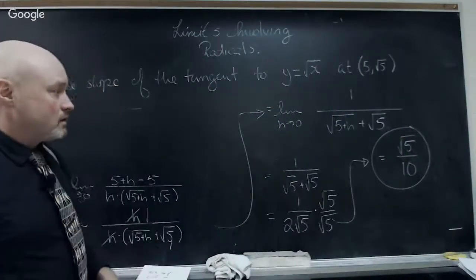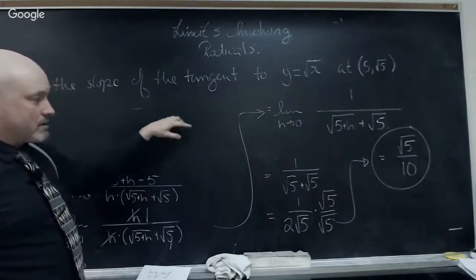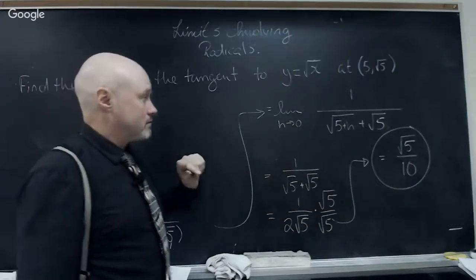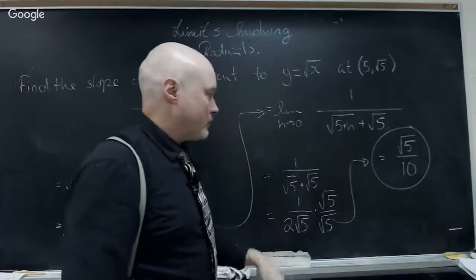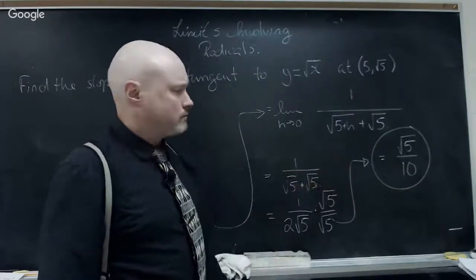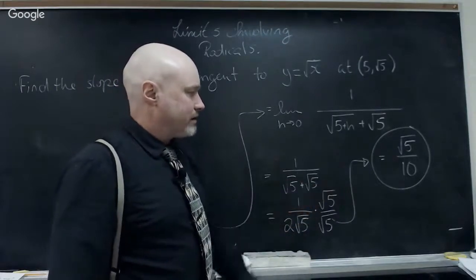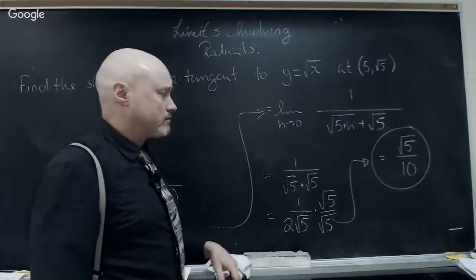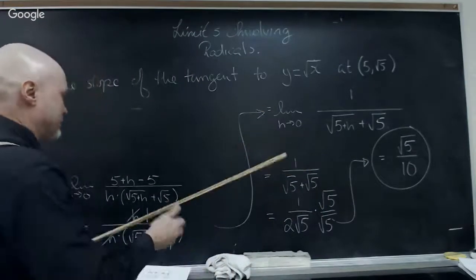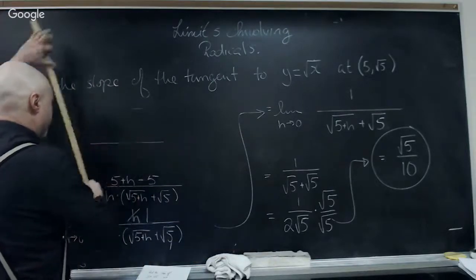And so hopefully, if I were to use some graphing technology software and find the tangent at 5 root 5, it would have the slope of root 5 over 10, which is about 0.23, something like that, which makes sense because this is that square root curve.